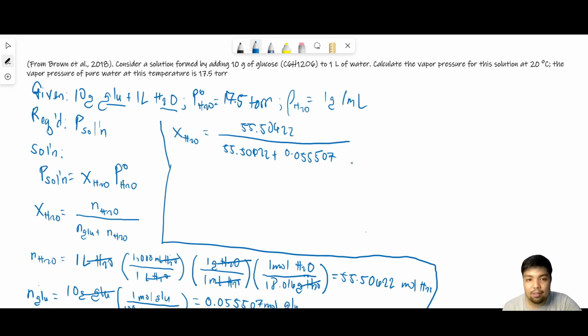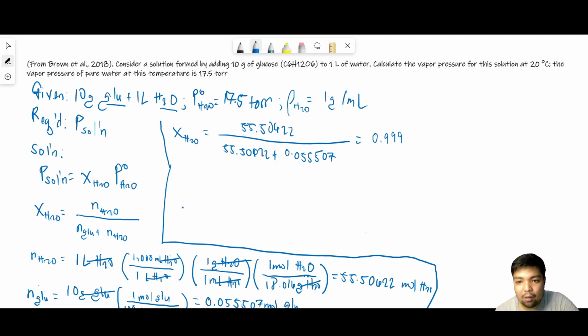Which is equal to 0.999 and some other value, so I just rounded it off to the nearest non-zero digit, which is 0.999. Remember that mole fraction does not have a unit.